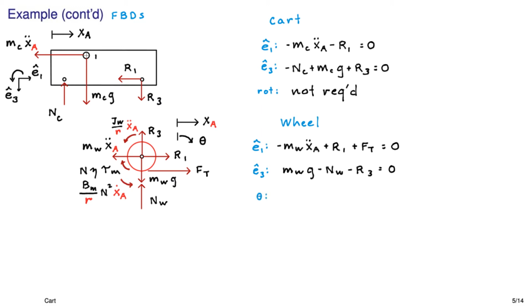And here we're going to look at the rotation equation too. So we have to add all those up, and we have quite a few terms there, but it's not too bad. You know, there's 4 terms. And I'm going to label these equations 1 for the cart and 2 for the wheel, and give them some additional notation with the A's, B's, and C's.